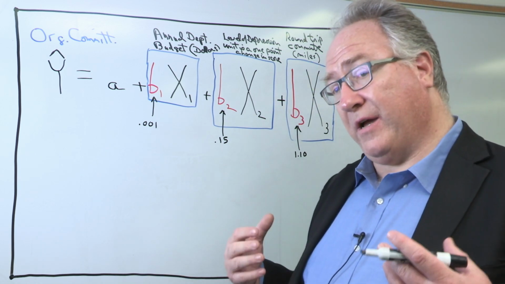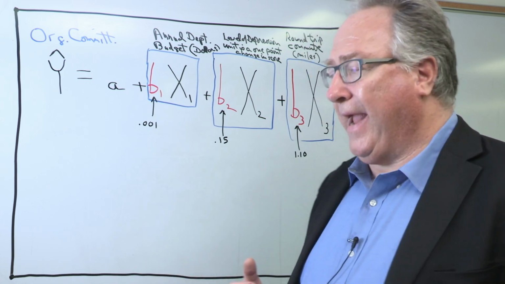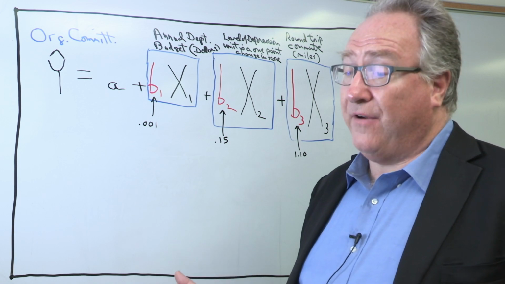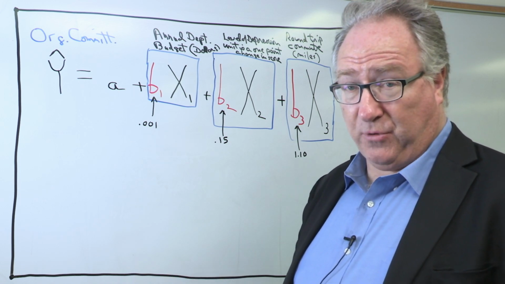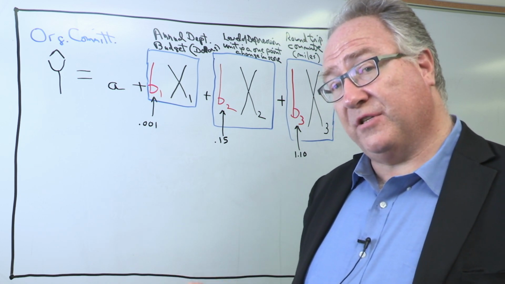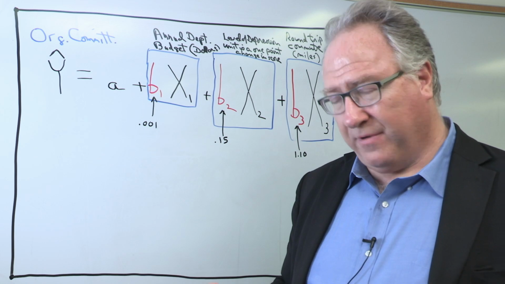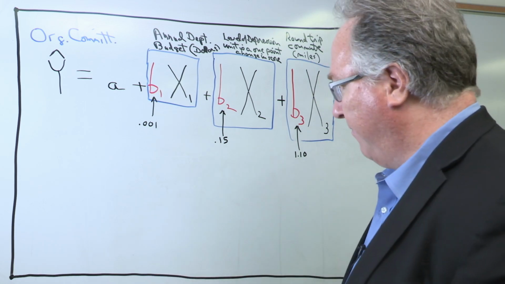So we have three very different predictor variables here, okay? And they are going to have different, not only strengths in the relationship between the predictor variable and the outcome variable, but also differences in the direction of the relationship. So let's go put down the direction here as well.